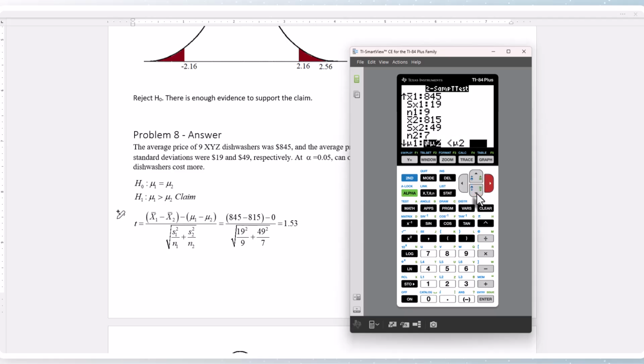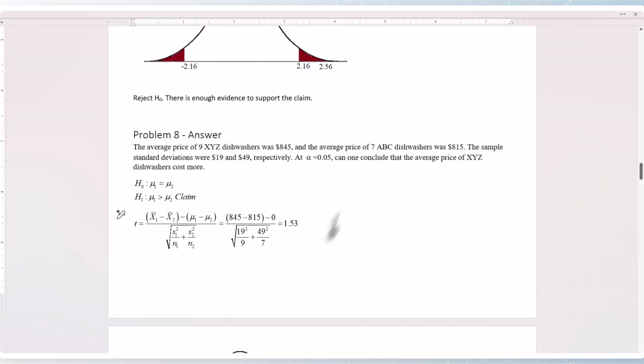We want greater than, pooled, no, calculate. 1.53.